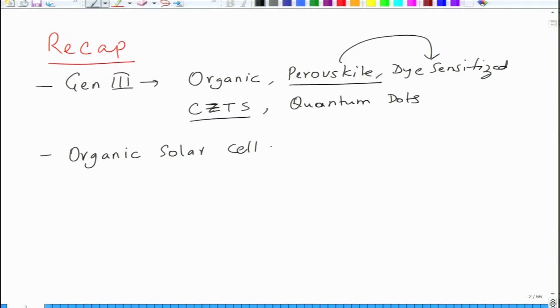So, organic solar cells use organic conducting polymers, or rather semiconducting polymers.